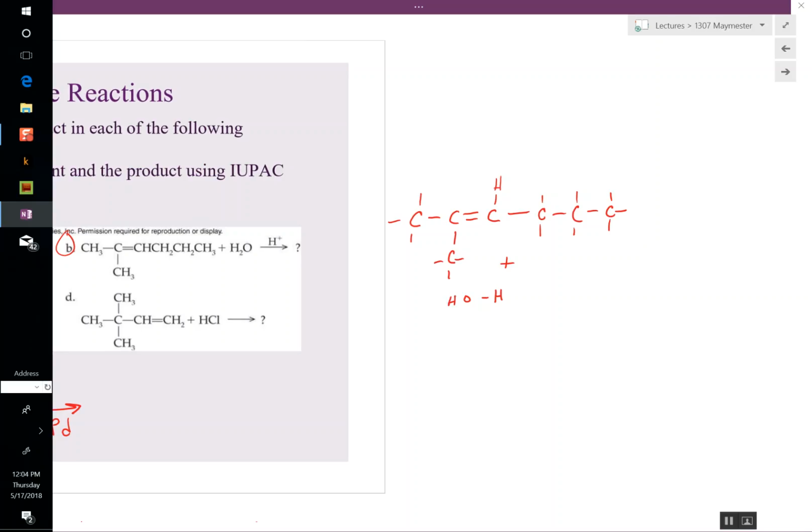So the hydrogen is going to go to that carbon. You with me? Okay, so this is going to get us down to here. We're going to get 2 hydrogens here, we're going to have this methyl here, and we're going to get an OH. There's our water.